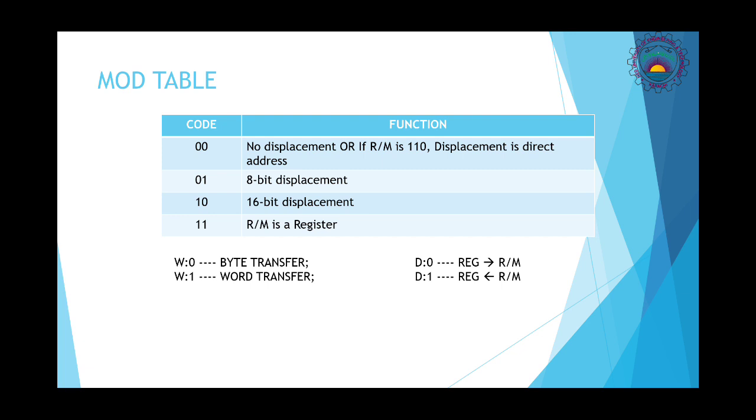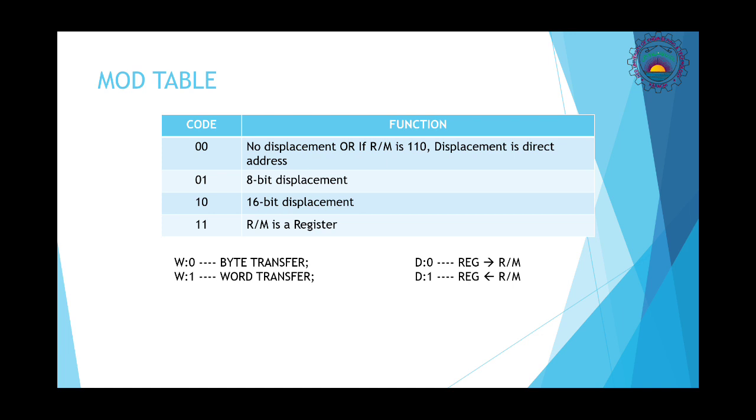Now in this slide, we are having code table for mod. As we have discussed earlier, mod is of 2 bits. So there are 4 options available: 00, 01, 10, 11. If you are having no memory access in your instruction, then r/m field will be having code of register.